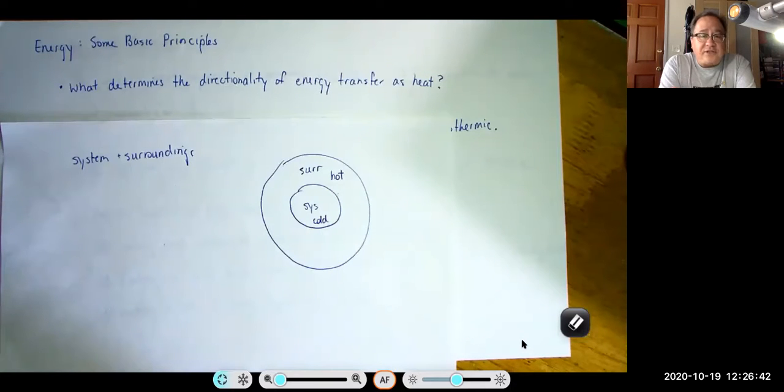If you think energy is going to flow into the system, put go faster. And if you think it's going to flow into the surroundings, put go slower. So into the system is go faster. Energy flowing into the surroundings is go slower.